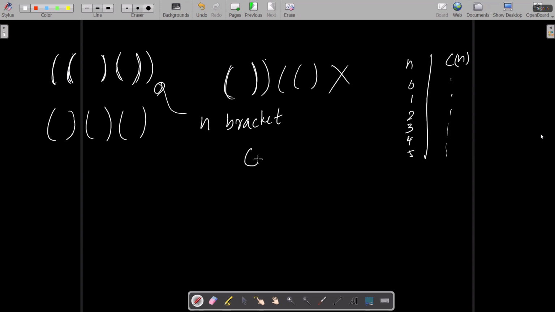That would be Cn, the nth Catalan number. Okay. So how can we find this Catalan number? We use an interesting trick. What we do is we divide this at a certain place, and we find the number of valid bracket sequences on this side and this side.